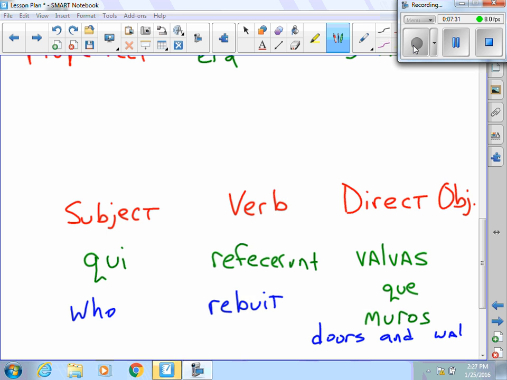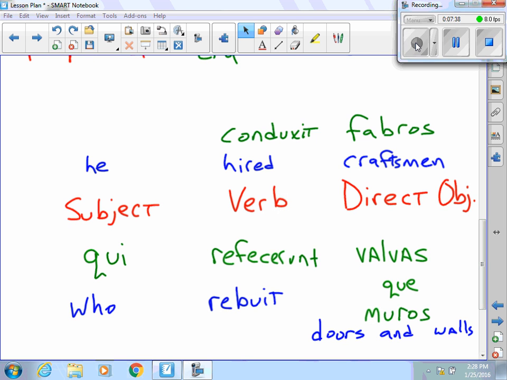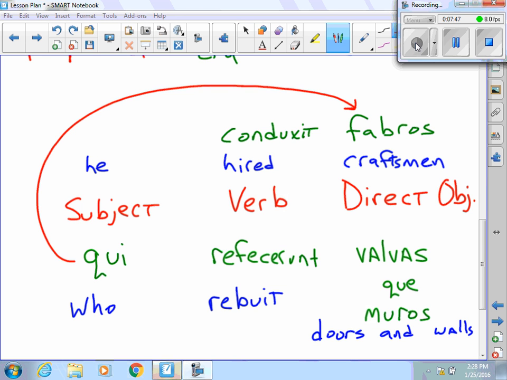So I've completed that sentence by going subject, verb, and direct object. So as I translate that sentence, I have he hired craftsmen. Remember, qui related all the way back to craftsmen. So he hired craftsmen who rebuilt, I don't know, the doors and the walls.